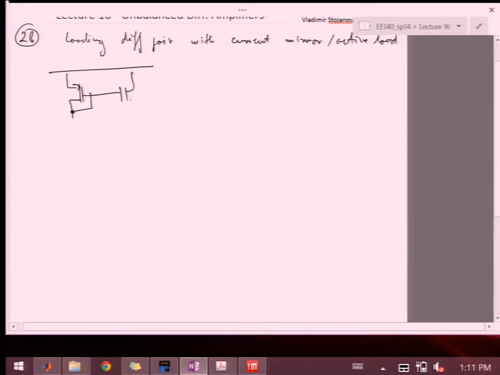So in this case, we said we would use the current mirror.